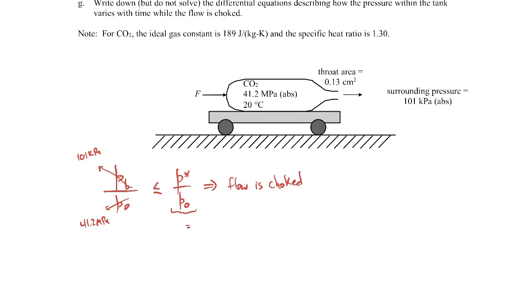Remember that that's equal to (1 + (K - 1)/2) raised to the K over 1 minus K power. And here our K is equal to 1.30. So it's not the same as air, so we actually have to calculate that value. And when you work out the numbers, that comes out to be 0.5457.